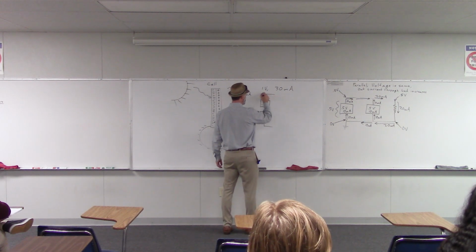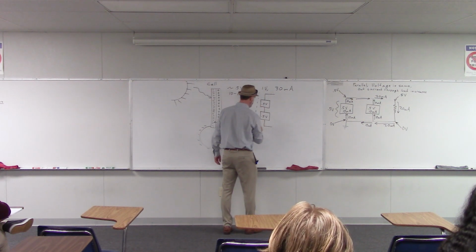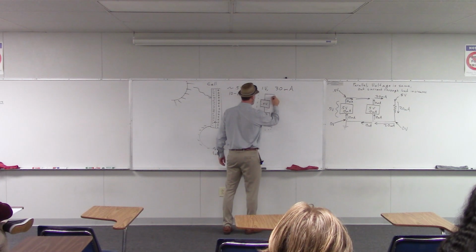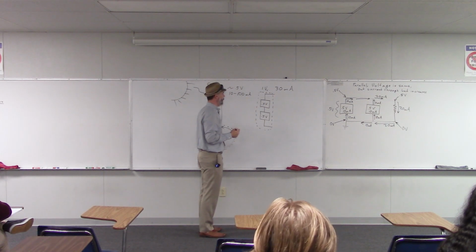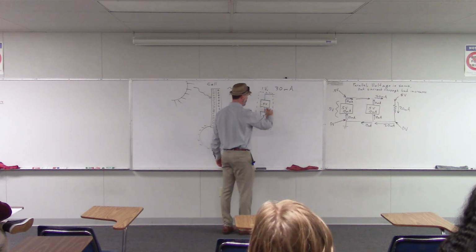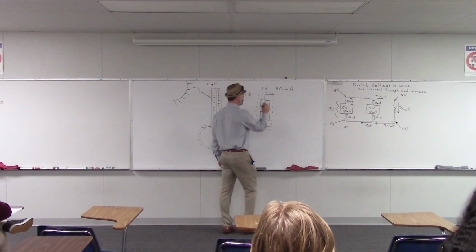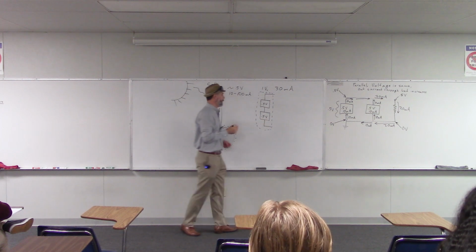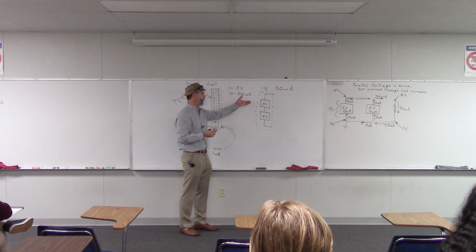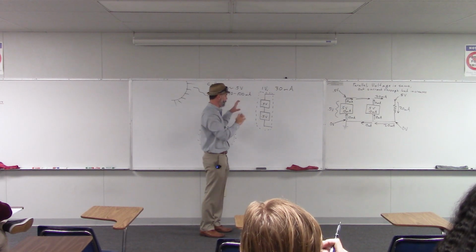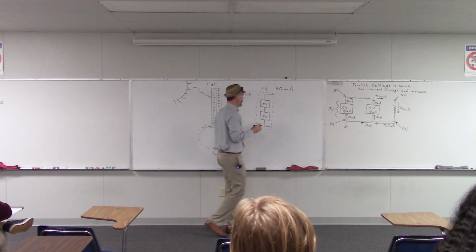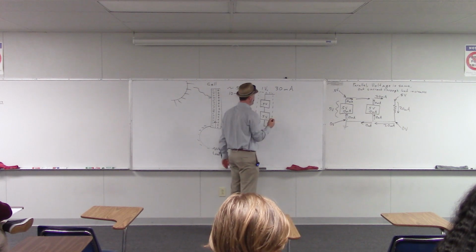So you could think of this column almost as a little pseudo cell that produces 1 volt and 10 milliamps. And so if you wanted to increase the current, you could just put 3 of these little pseudo cells together in order to end up with 30 milliamps.